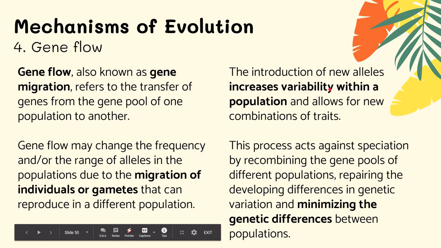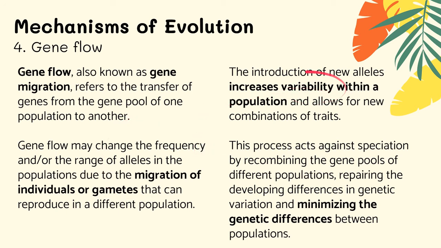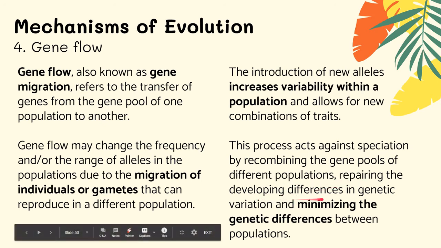So the introduction of new alleles increases the variation within a population because there are new organisms coming into the location, and it allows new combinations of traits. This process acts against speciation by recombining the gene pools of different populations, preventing developing differences in genetic variation, and minimizing genetic differences between populations.